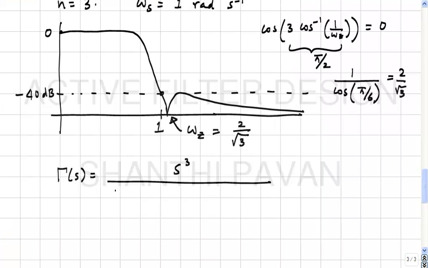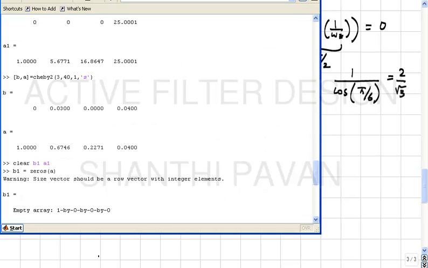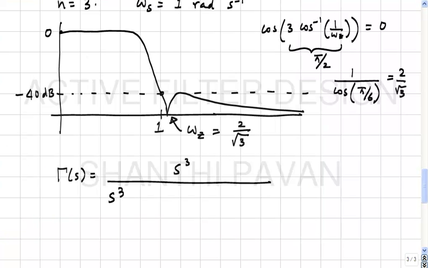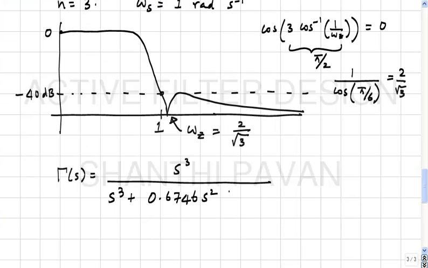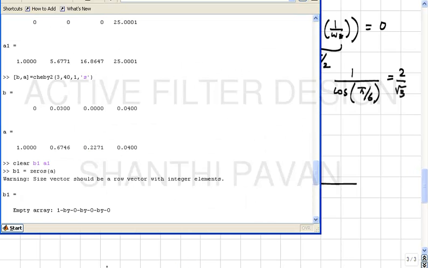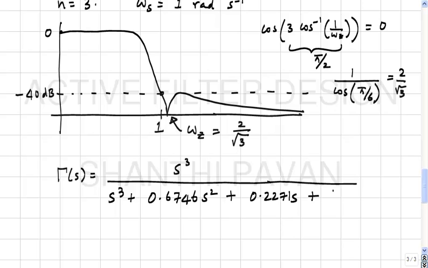So, this is s cube plus 0.6746 s square plus 0.2271 s plus 0.04. Okay.